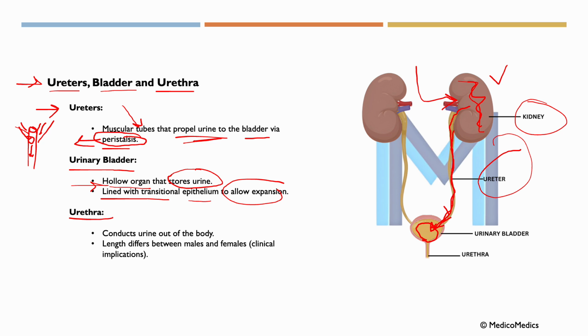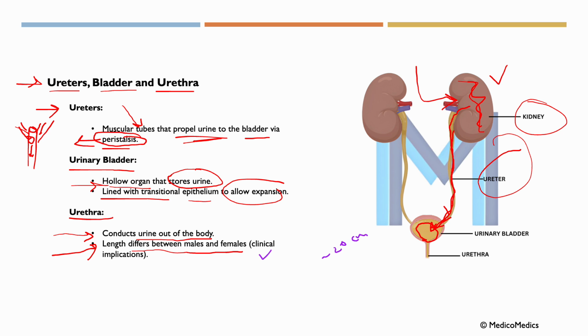Then we have the urethra, and it conducts urine out of the body. And the length here, interestingly, differs between males and females. And this actually has clinical implications. So, for example, the urethra in men is approximately 20-ish centimeters.